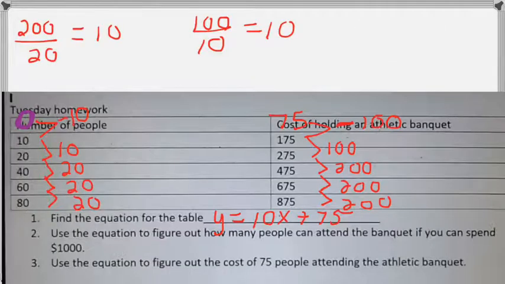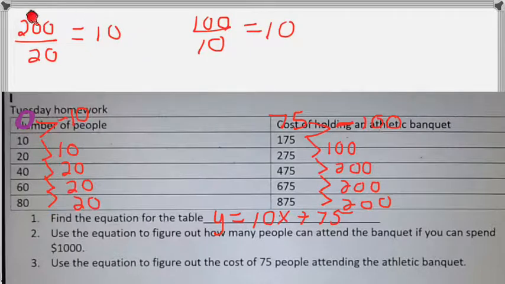Here we go. So first I put in the carets to find the slope, and I noticed that the change from 10 to 20 is 10, and then the change from 20 to 40 was 20, and 40 to 60 is 20, and 60 to 80 is 20. From 175 to 275 is 100, but then 275 to 475 is 200, and the rest of them are 200.